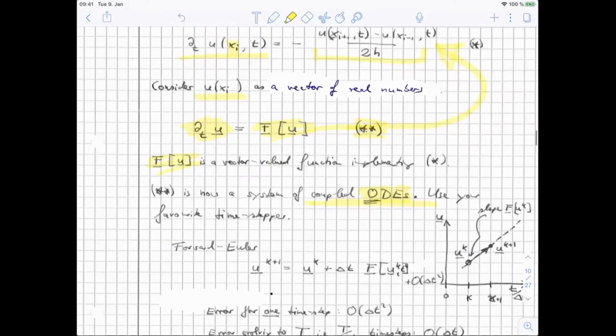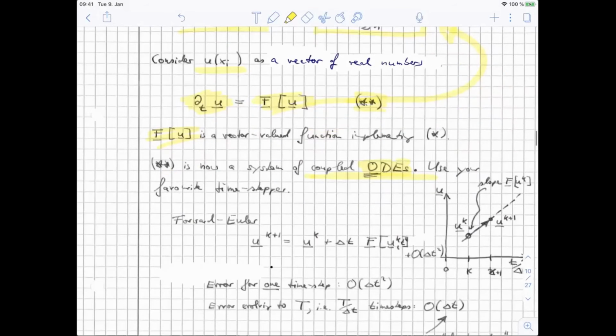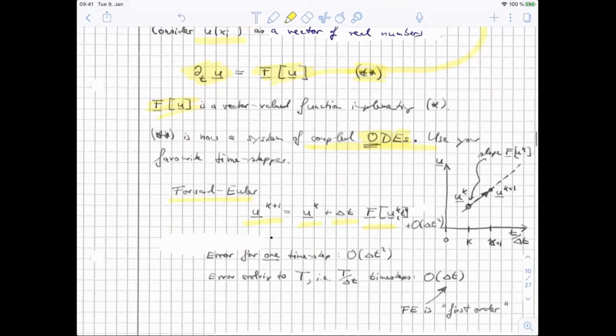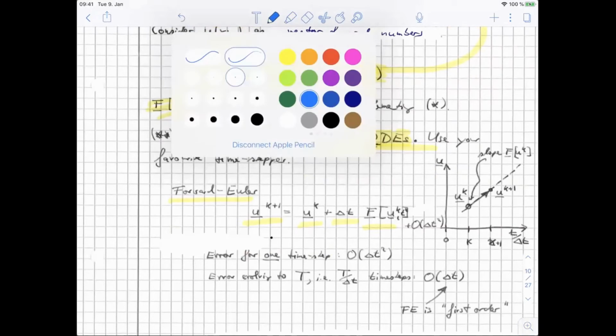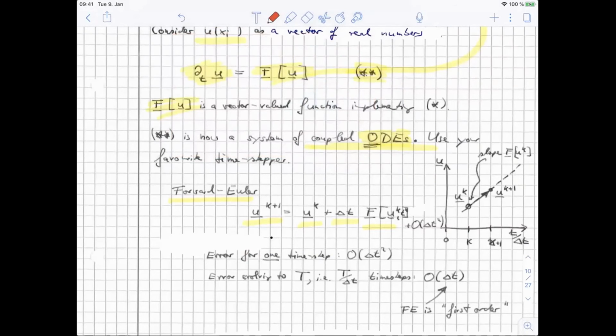For instance, the good old forward Euler method, where you're saying the solution at the new time step is the old solution plus delta t times the derivative. Schematically, this corresponds to this: here now time goes right, I apologize, and the solution u goes up.